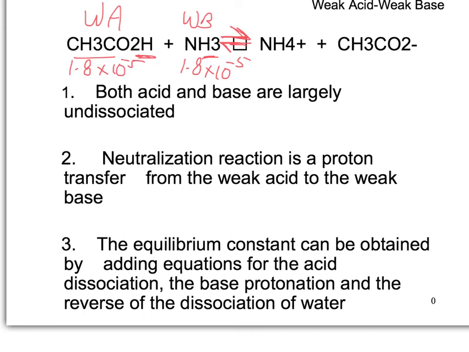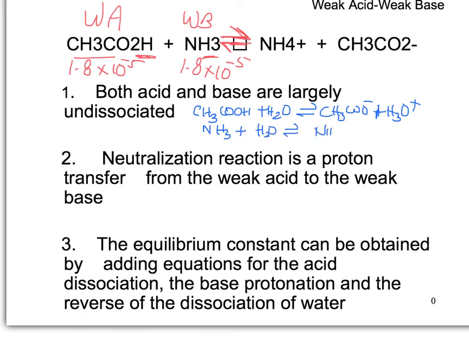for the combination of the acid dissociation, by which I mean, let's just write that it's acetic acid plus water giving you acetate and hydronium. The base that we have added is ammonia, and that's going to give you ammonium and OH negative.